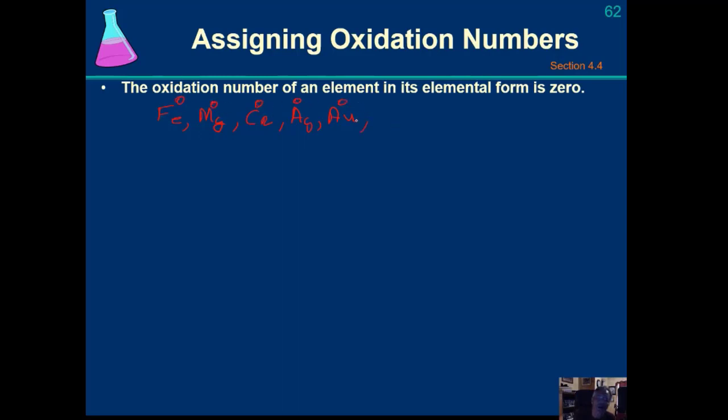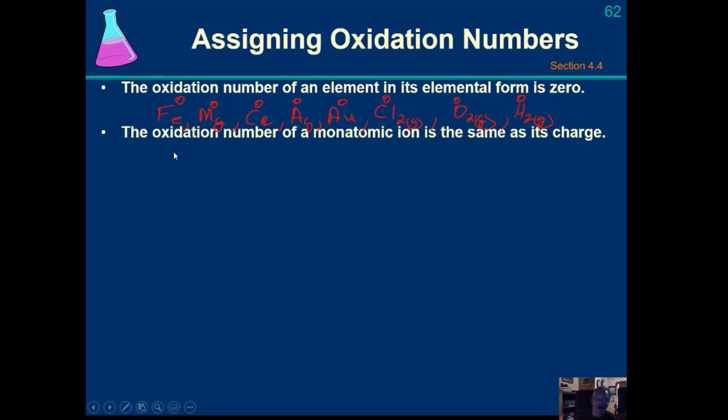Now, if it's a diatomic element like chlorine and it's in its gaseous state, it also has an oxidation state of 0. O2 gas is going to have an oxidation state of 0. Same thing for H2 gas, and all the other diatomic elements in their elemental form will have oxidation states of 0.